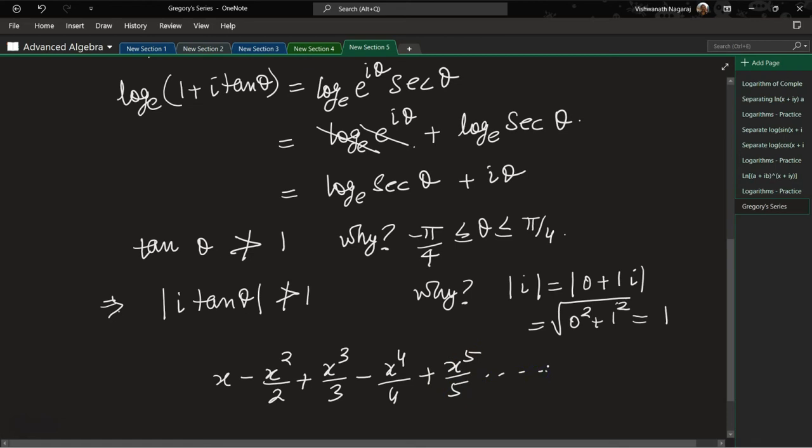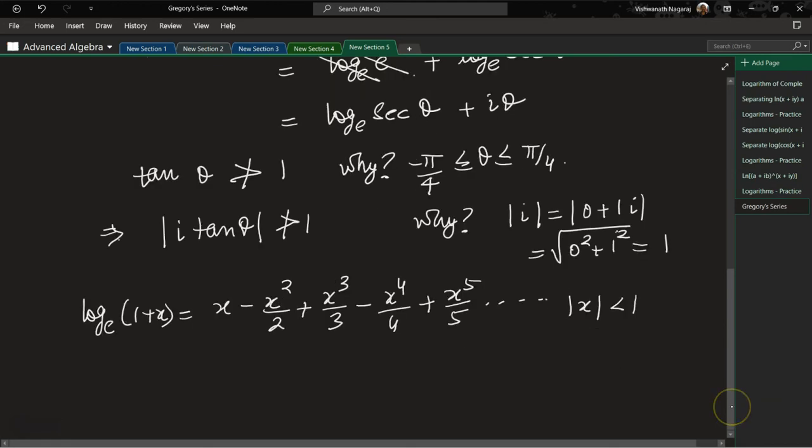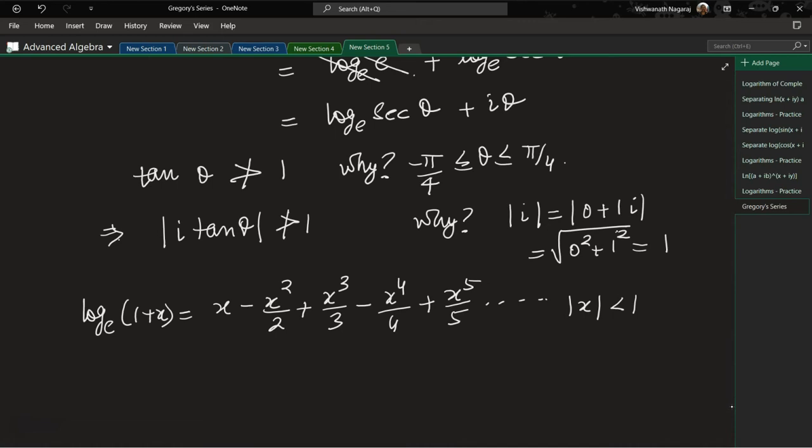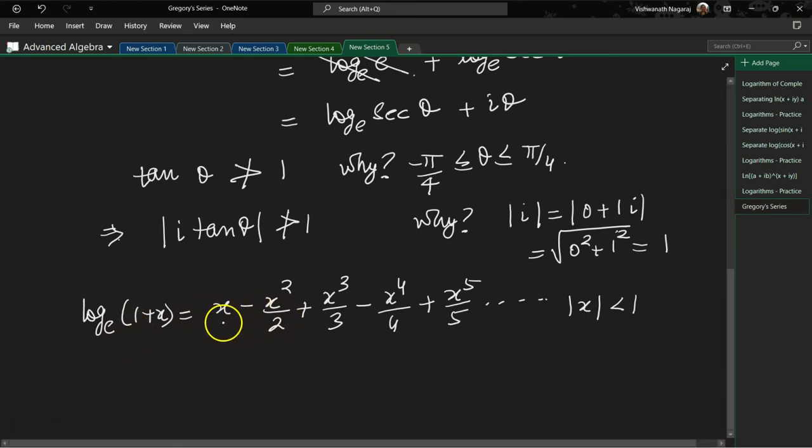Now here, the important thing to remember is in the denominator, you don't have factorials, right? So immediately you realize that this is the expansion of log e of 1 plus x. And the condition for this to be true is that modulus of x has to be less than 1. So we can use this.